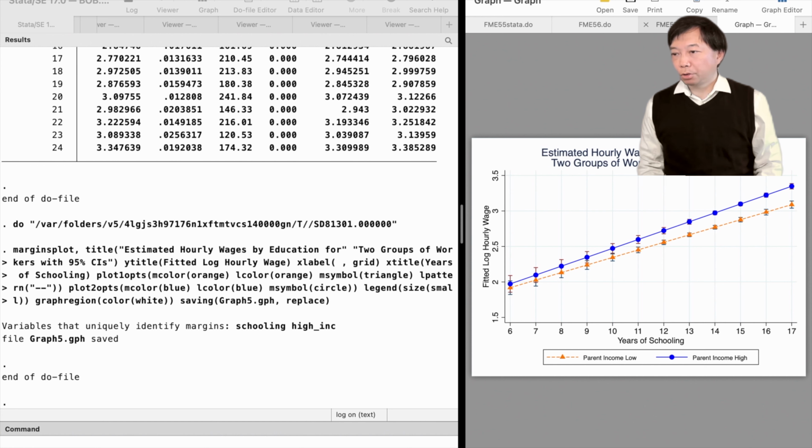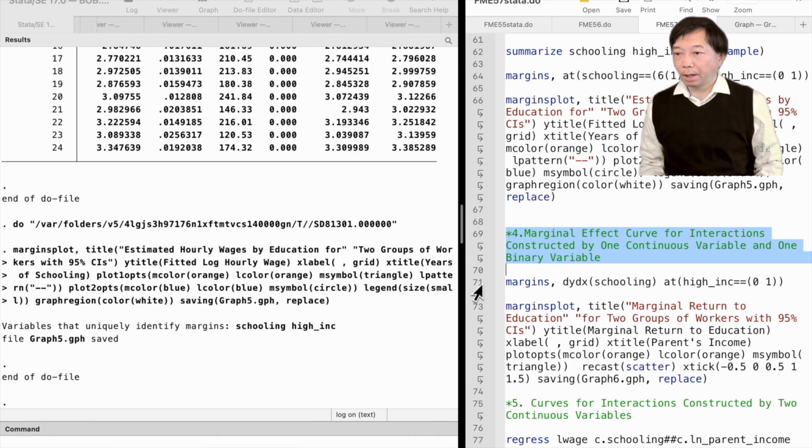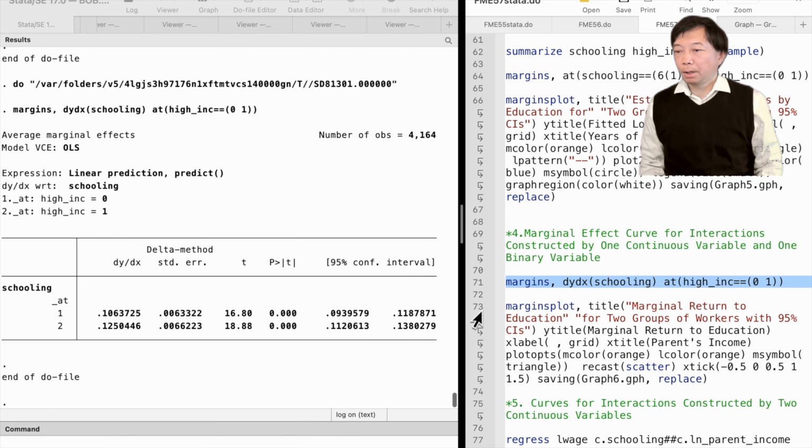The same information can be shown with marginal effect curves. The slope of the estimated outcome curve is the marginal effect. Since there were only two groups of workers, we have two different marginal returns to education: 0.125 for high parent income workers and 0.106 for low parent income workers.